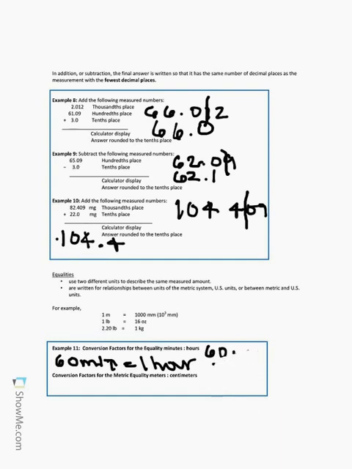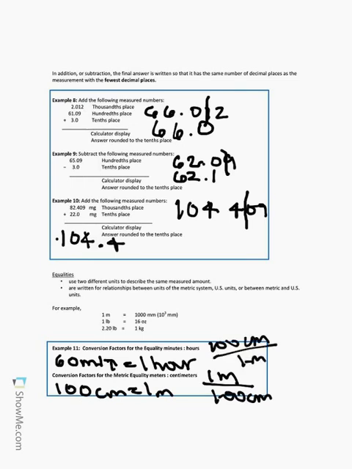We can also do this for meters to centimeters. As we said in the previous lecture, 100 centimeters equals 1 meter. Conversion factors, we could write it this way, 1 meter over 100 centimeters, or 100 centimeters over 1 meter.